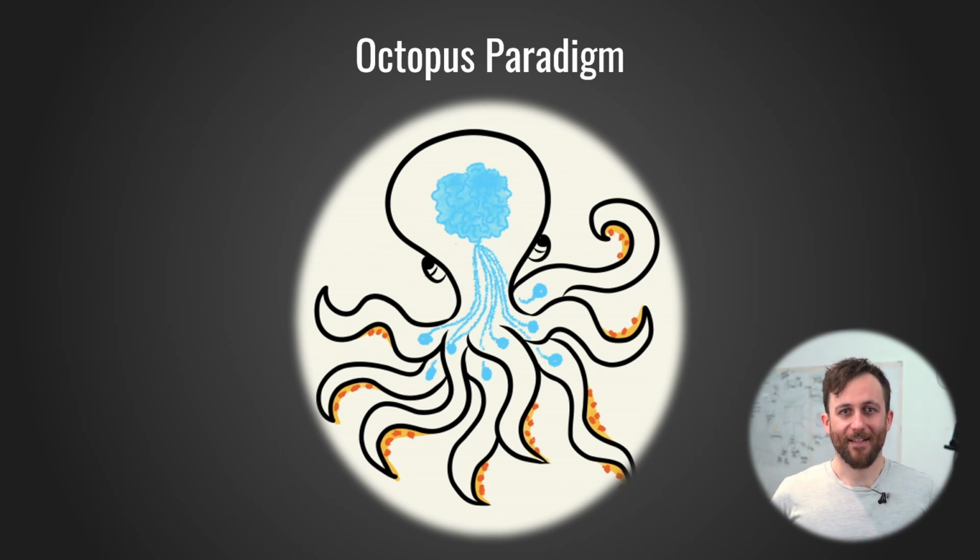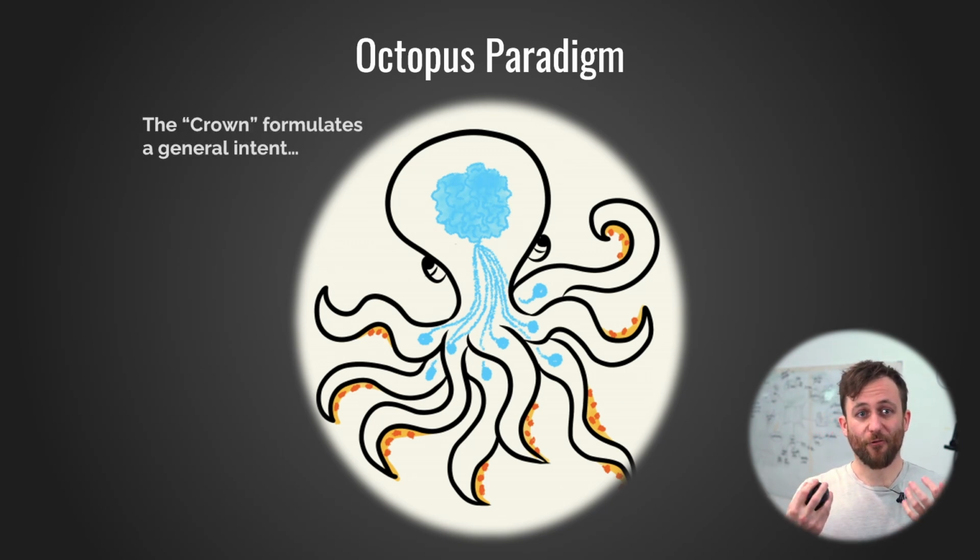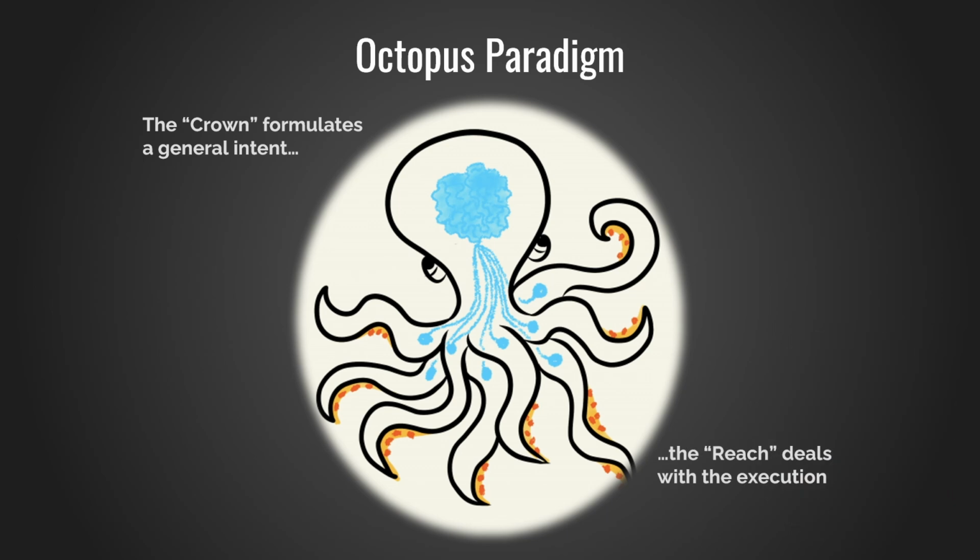It is thought that an octopus's crown, so the brain in the head, is just forming a general intent of what it wants to do, maybe eat that mollusk over there, and then the tentacles will actually do the fine-grained tasks of execution. So they will think about how to grab the thing, how to move it around, and all the details.